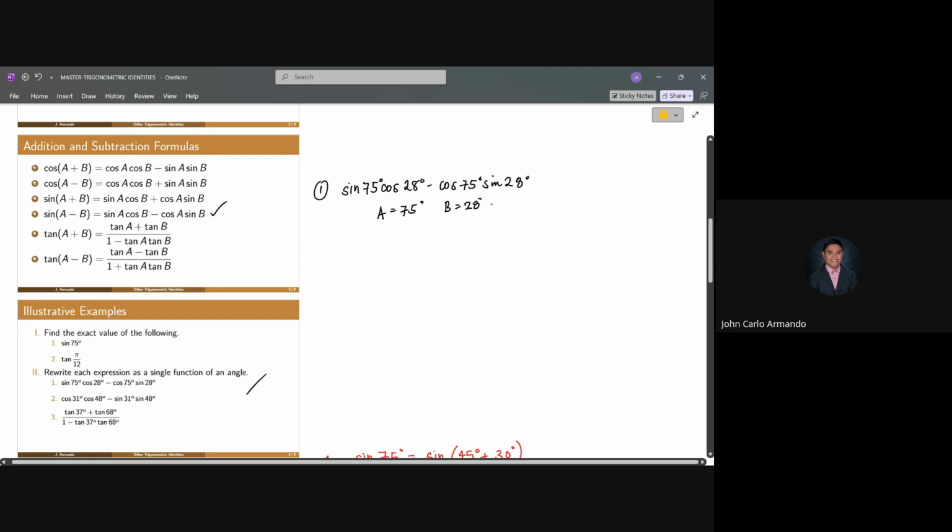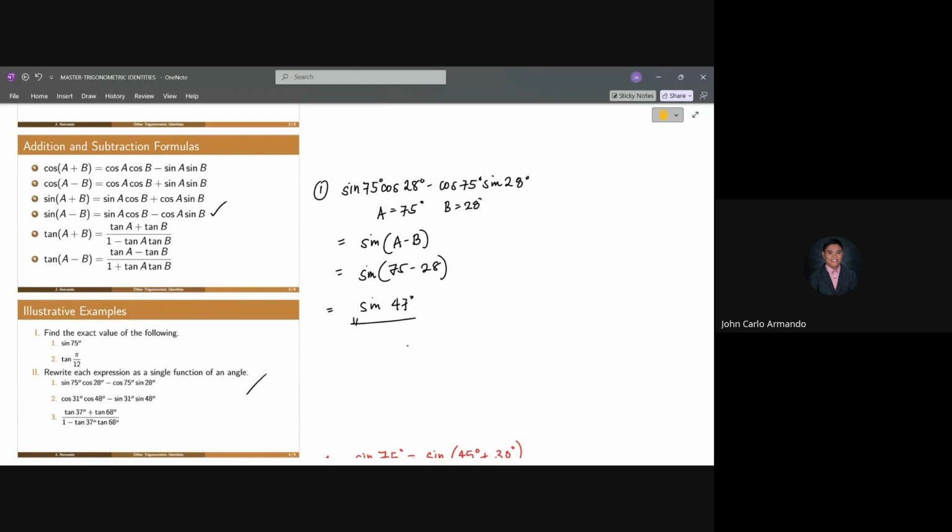That becomes equivalent to sine A minus B because it follows formula number 4. That is sine 75 minus 28. And what is 75 minus 28? 47. So the simplified form, the value as a single function of an angle, is sine 47 degrees.